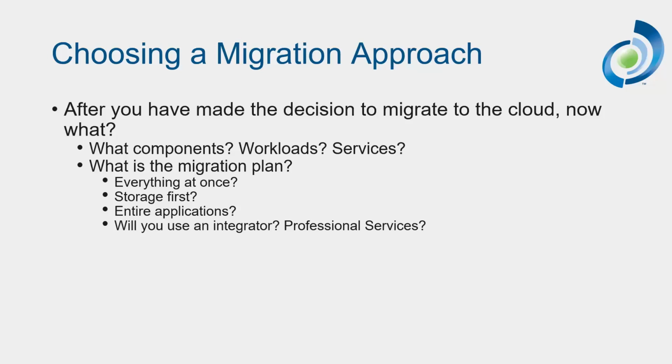And then, of course, the next question there, what is the migration plan? Everything at once? I would say, unless you are sitting on a project that there's a retirement of a building, retirement of a data center, there's really no reason that you would want to go everything at once unless you had to. And there are some times that you have to.